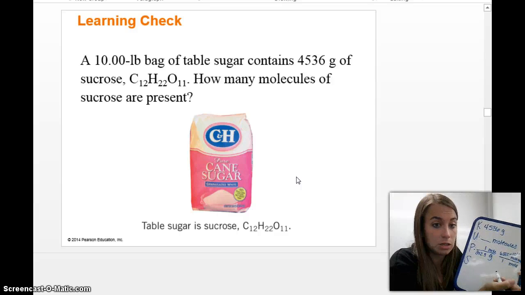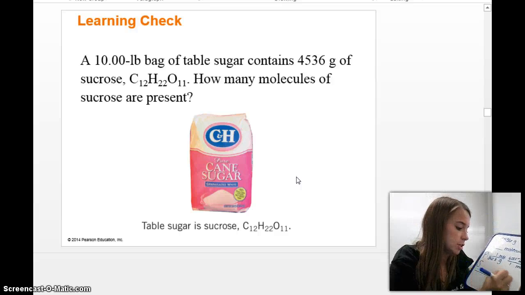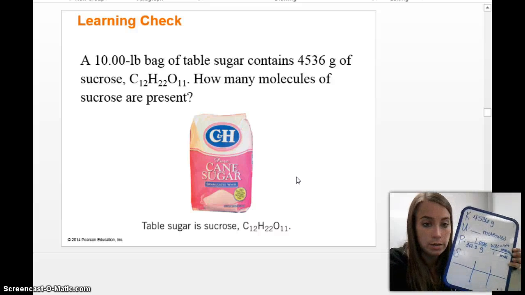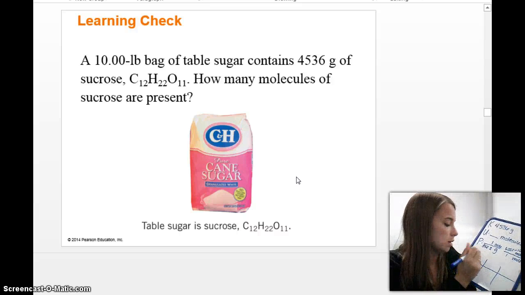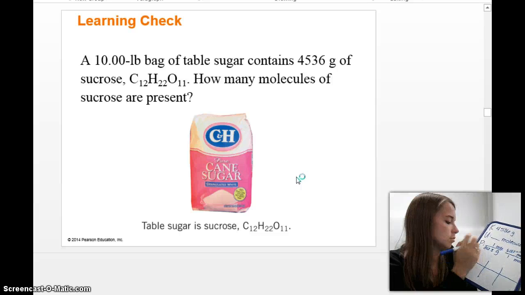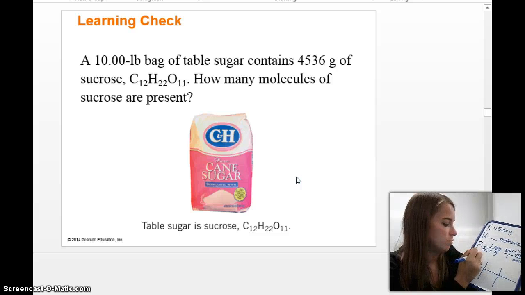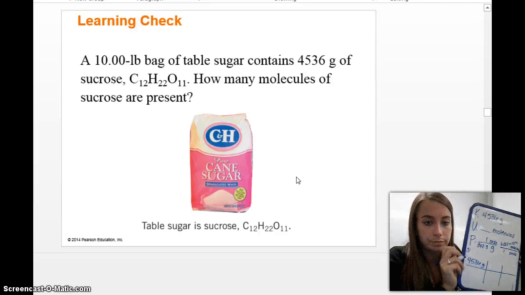Now I just need to turn this into a t-chart. It's going to have a beginning, a middle and an end. I put my known right here: 4,536 grams.